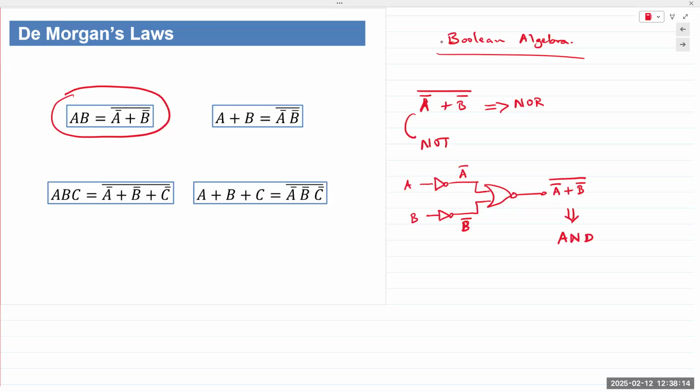A plus B, the OR function. This is the AND function. This is the OR function. The OR function can be implemented as A naught and B naught, the whole naught. Here you're using the NOR gate. Here you're using the NAND gate.